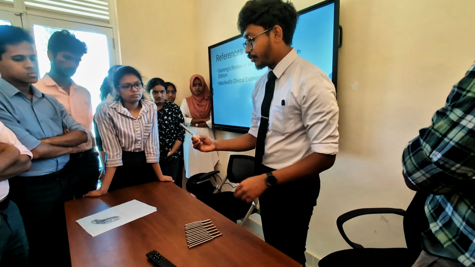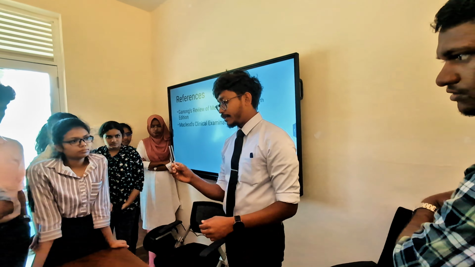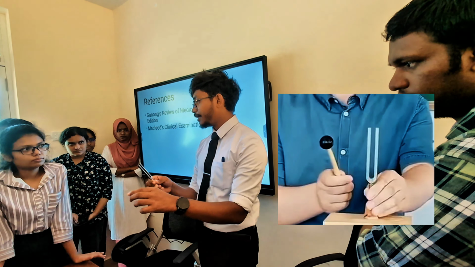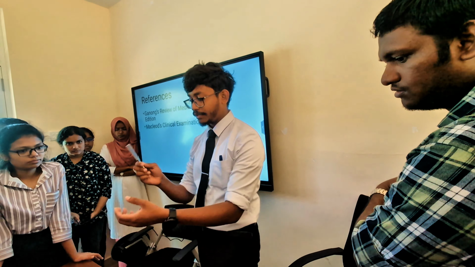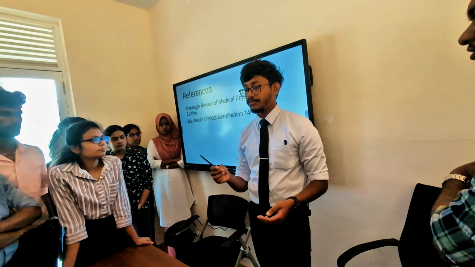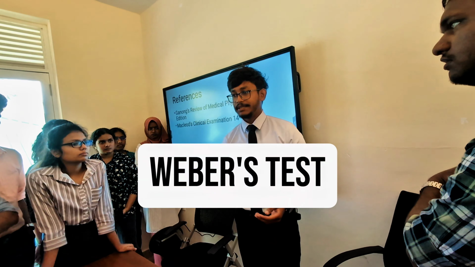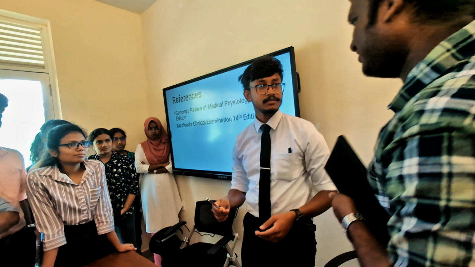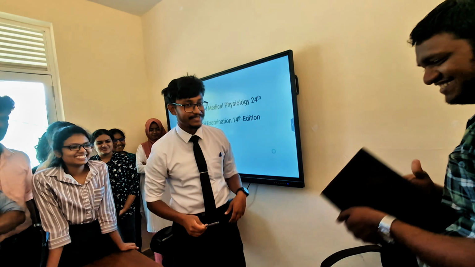So we get the tuning fork, and ideally we should hit it on a hard rubber. After hitting it, if we are first thinking of doing the Weber's test, which is the simpler one, can I have a volunteer? Come.